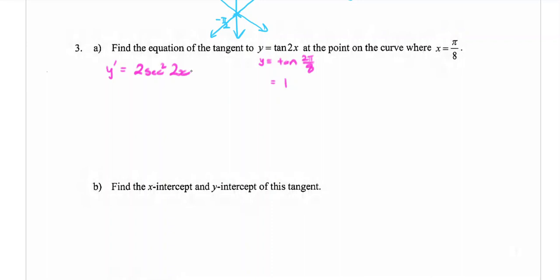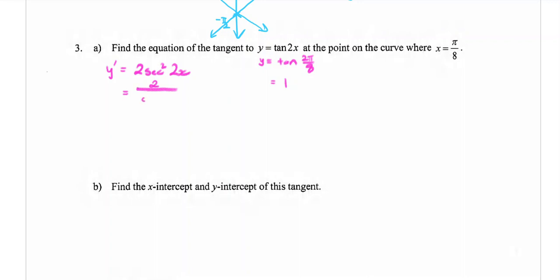Then I need to find that gradient at x equals pi over 8, so I'm going to sub that in. I can't really put sec into the calculator, so I'm going to turn it into 1 over cos, because sec is 1 over cos.